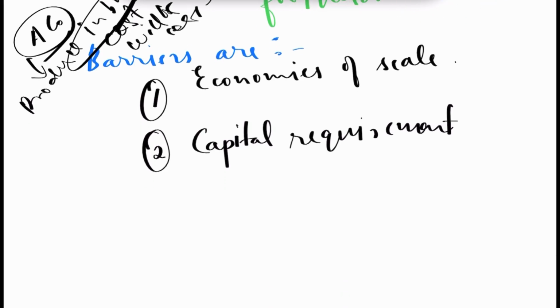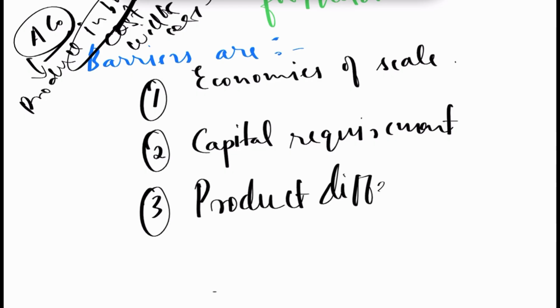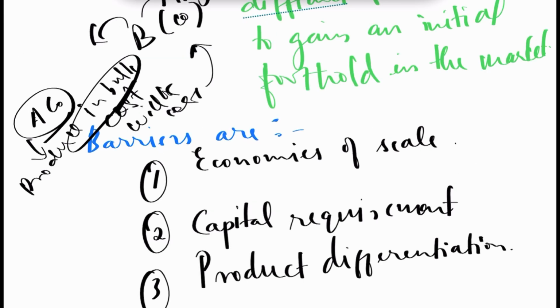Then next, third one is product differentiation. So let's take the same example, that A company is there in the market for, let's say, 20 years, but B company is going to enter into the market. So A company's products are differentiated.